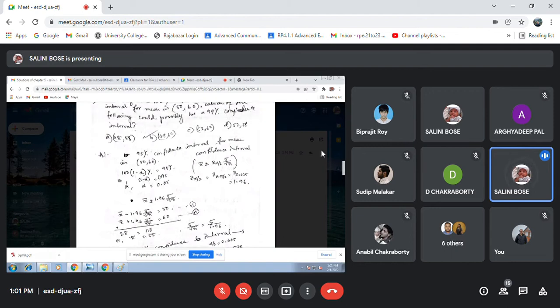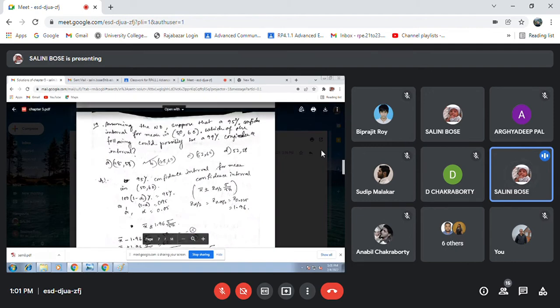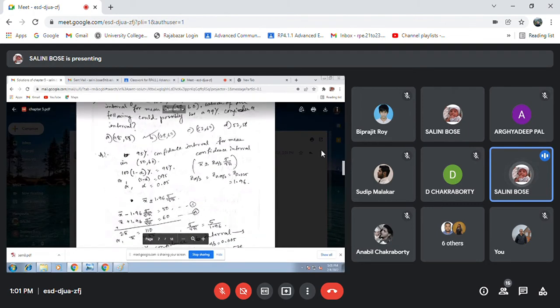From the given interval, we can get two equations using the variables X bar, sigma, root n. Because we know the formula, the limits should be X bar plus minus 1.96 sigma by root n.